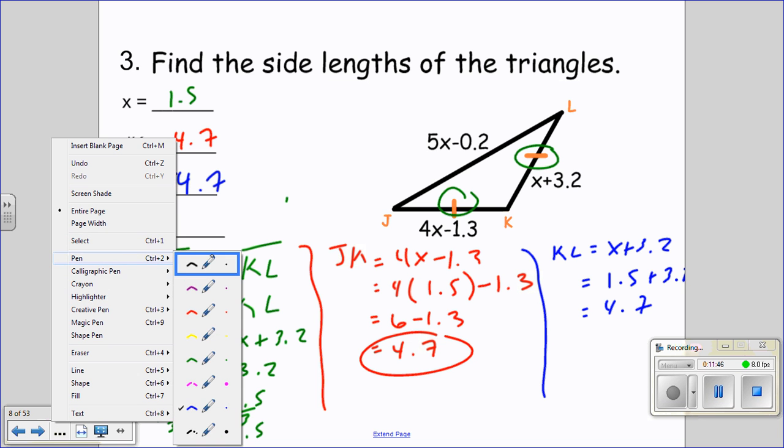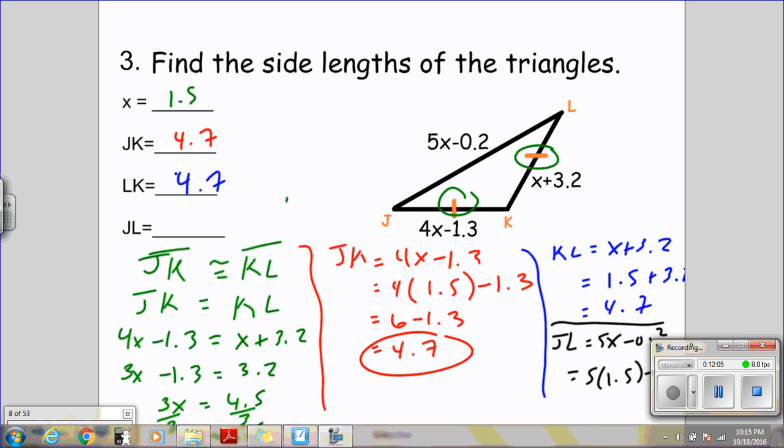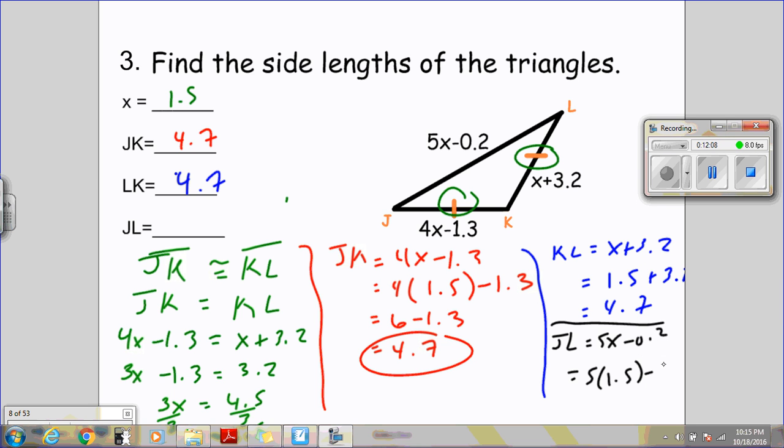Now the last side I need to find is JL, which is 5 times x minus 0.2. So that's 5 times 1.5 minus 0.2. 5 times 1.5 will give us 7.5, minus 0.2 would be 7.3.